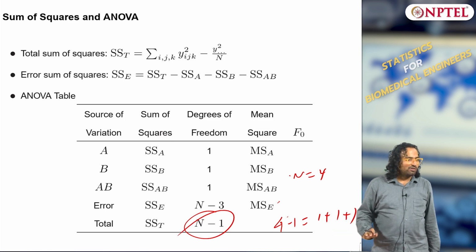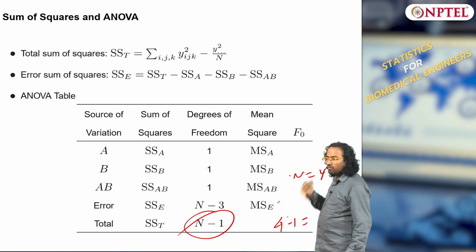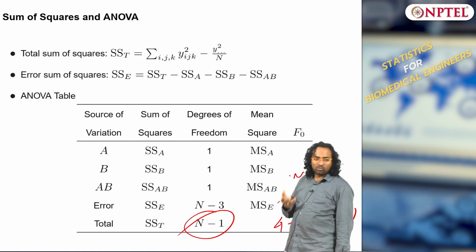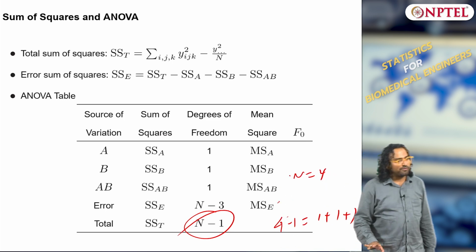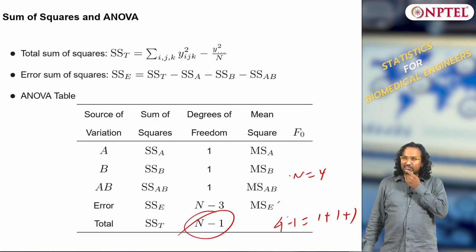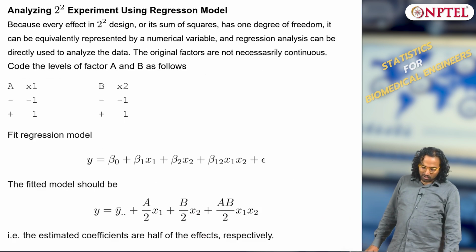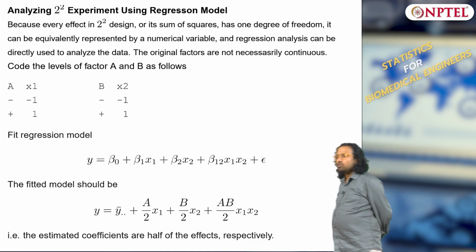The number of data points is only 4, only 4 experiments, 2 power 2, so the error degrees of freedom will be 0 if you do not do replications. Make sense? Clear?